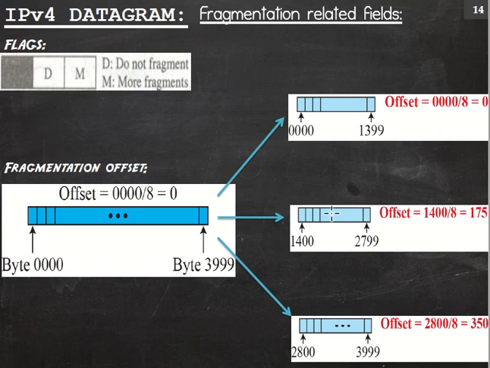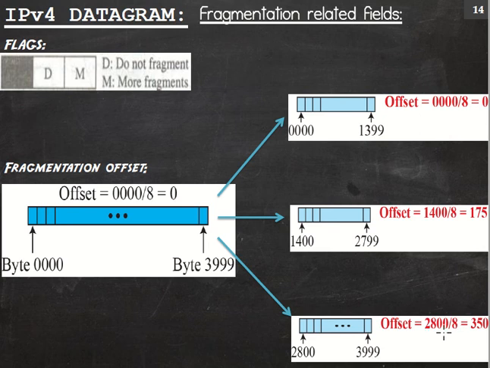Let us take the second one, which starts from the next immediate byte, that is 1400, and goes up to 2799. To find the offset address, take the first number, 1400, divided by 8, and you get 175. So this is the offset corresponding to the second fragment. Similarly, for the third fragment, the starting number is 2800 and it goes up to 3999.